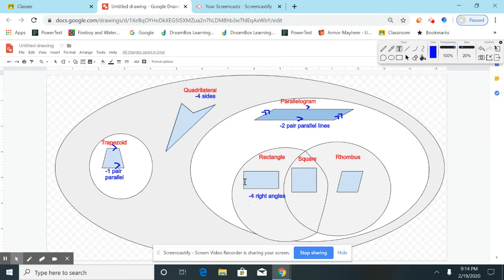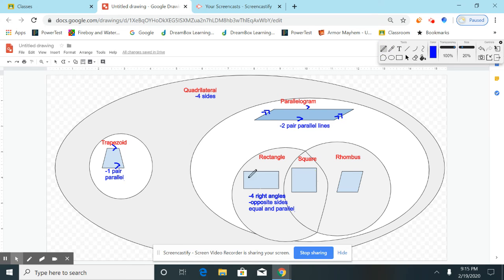Also about a rectangle, opposite sides equal and parallel. So opposite sides are both equal and parallel for a rectangle.